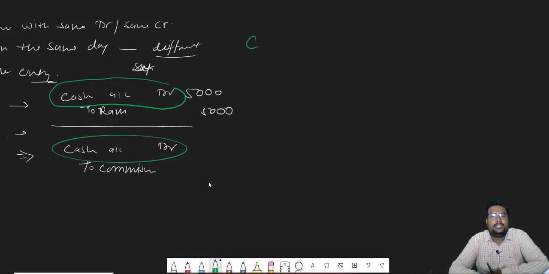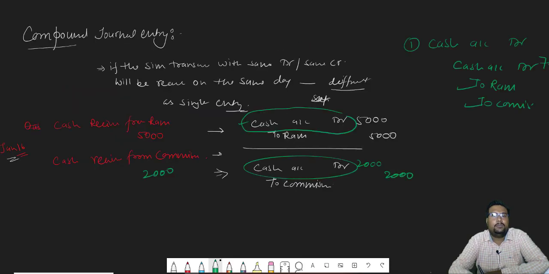Cash received from Ram 5,000: the entry will be cash account debit to Ram, because cash is coming into the business, debit, and Ram is giving the amount, 5,000. Next one is cash received from commission. Cash is coming into the business, so cash account debit, and it is coming for commission. Getting my point?